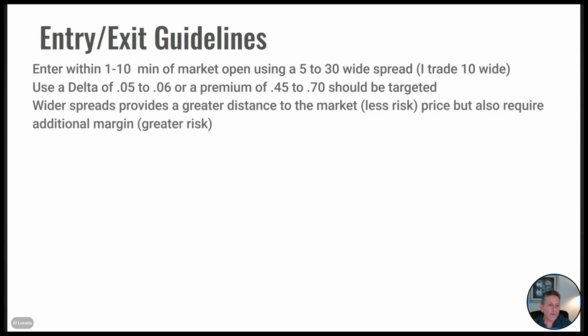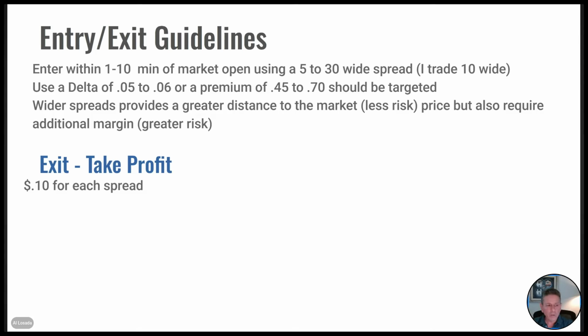Wider spreads provide greater distance from the market, and we'll talk a lot more about where the best place to be is in terms of widening positions. If you don't have a $25,000 account, it's easy to get out of the market between basically 9:30 and about 2 o'clock or 1:30.